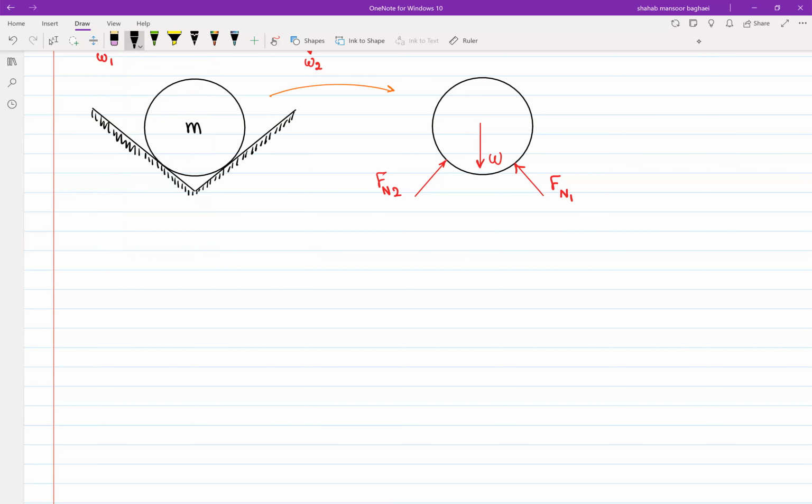Okay. Please recall the Newton's second law equation. What is this equation? It is F equal to ma. According to your problem, according to your condition, you have to draw the free body diagram for your problem at first.